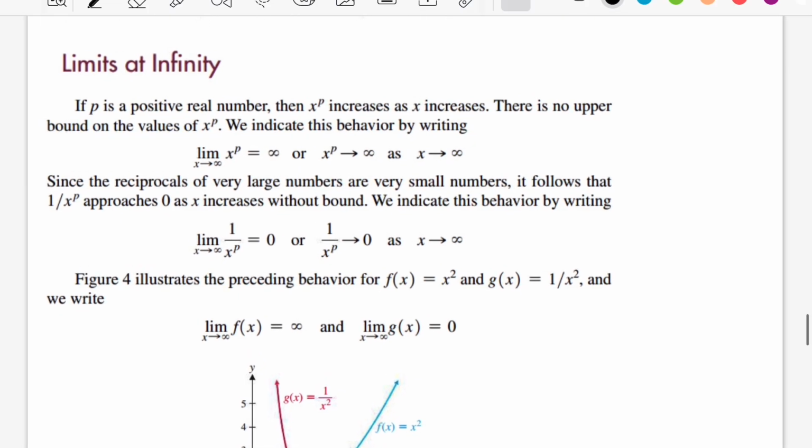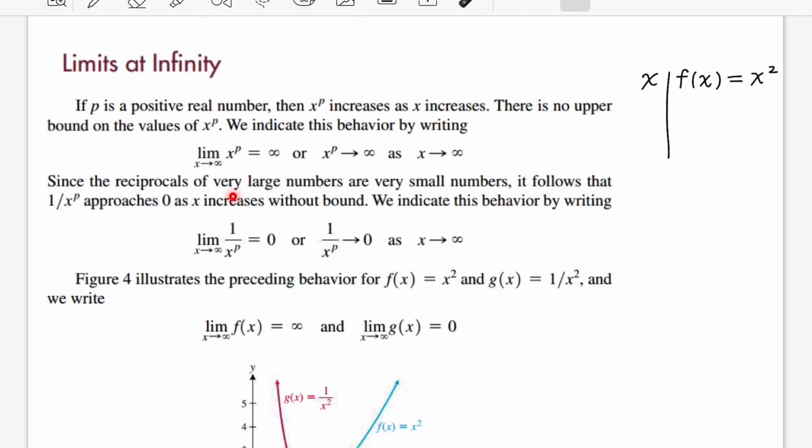And just to solidify this a little bit, let's look at our table. So let's say our p-value in this example is 2. And we were to plug in some numbers, let's just get bigger and bigger, into x squared.